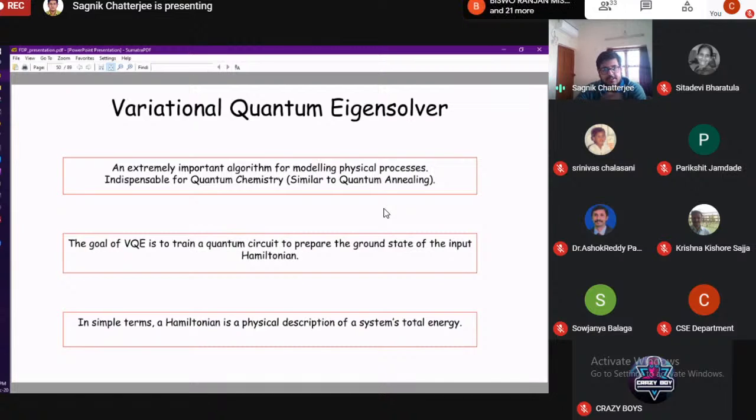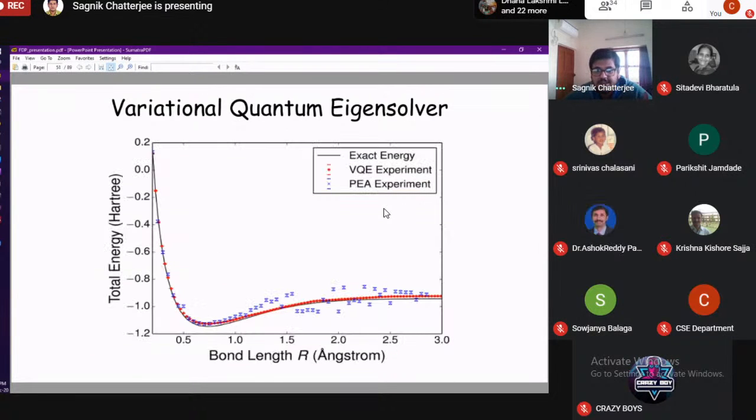So we prepare the circuit in the current state of the Hamiltonian, and then we evolve the circuit to finally get to the ground state of the Hamiltonian. This is an entire process that happens. We'll see a graph next. This is a graph of what happens in this VQA simulation.